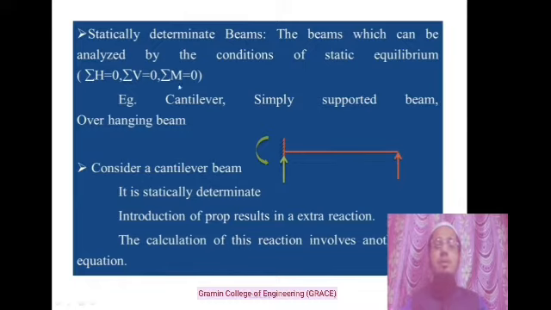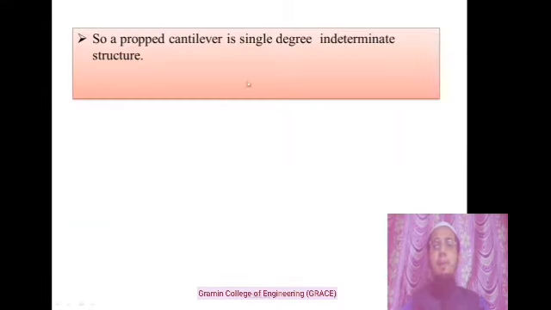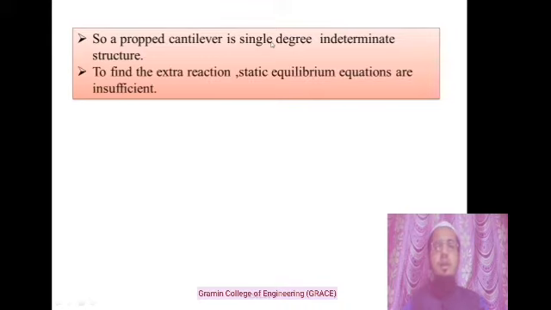As the equilibrium equations are 2 for this case and the reactions are 3, which is one more than the equations available, 3 minus 2 becomes 1. Hence the propped cantilever is a single degree indeterminate beam. Like this we can find the degree of indeterminacy of a beam or structure. Now to find this extra reaction, these static equilibrium equations are insufficient.